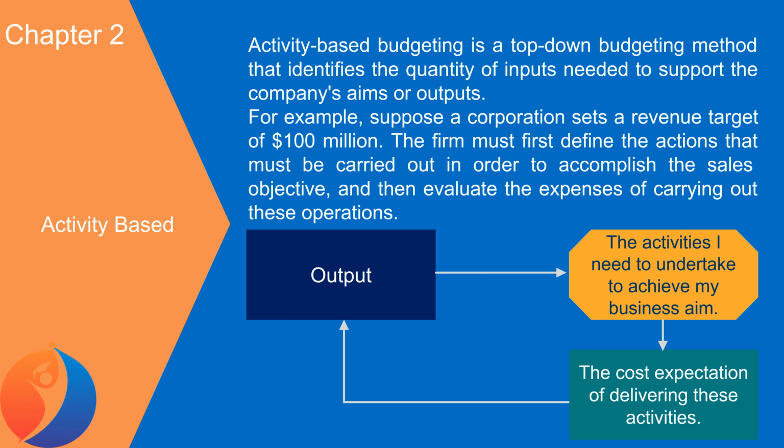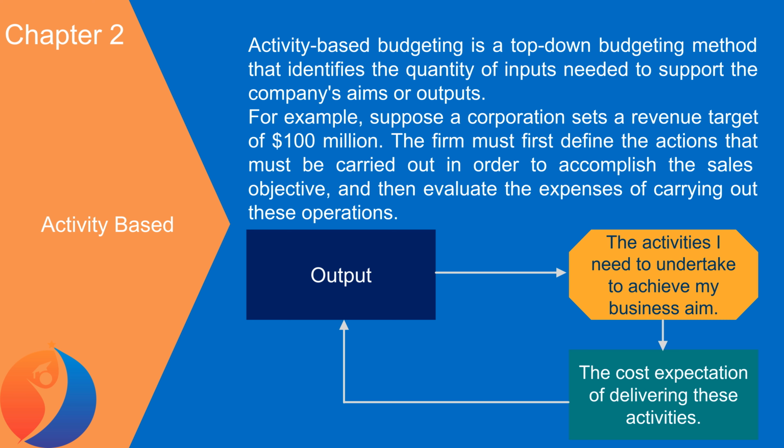Activity-based budgeting is a top-down budgeting method that identifies the quantity of inputs needed to support the company's aims or outputs. For example, suppose a corporation sets a revenue target of $100 million. The firm must first define the actions that must be carried out in order to accomplish the sales objective, and then evaluate the expenses of carrying out these operations.